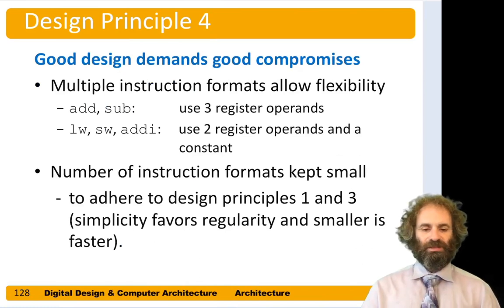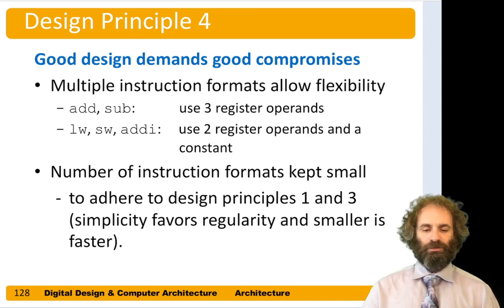So this is a good example of design principle 4, that good design requires good compromises. We've got multiple instruction formats to allow flexibility. For instance, add and subtract need 2 sources and a destination, while something like load word, store word, or add-I only need 2 registers and a constant.